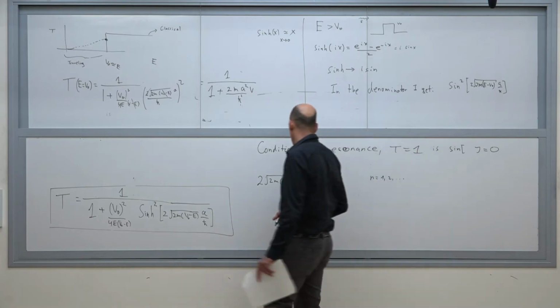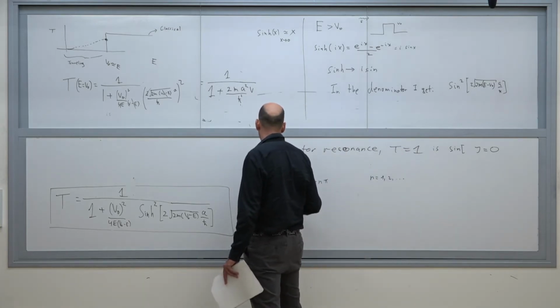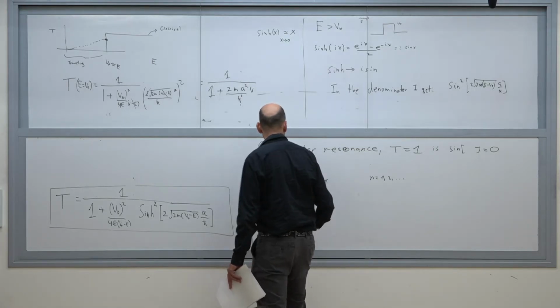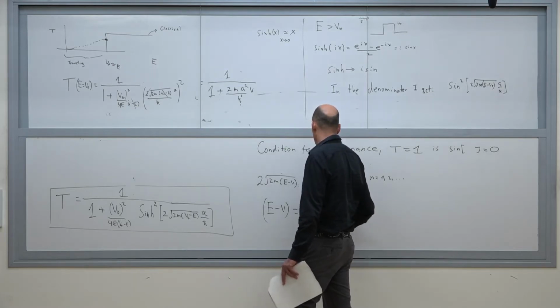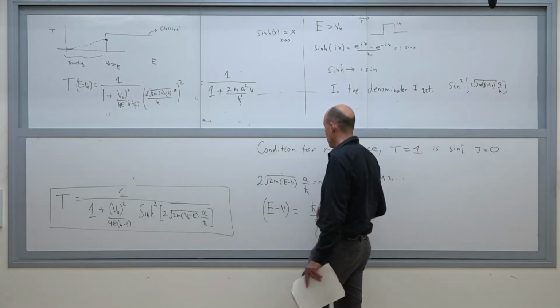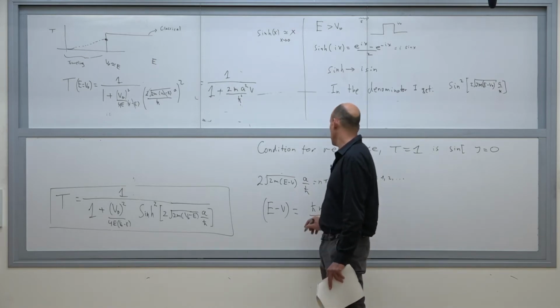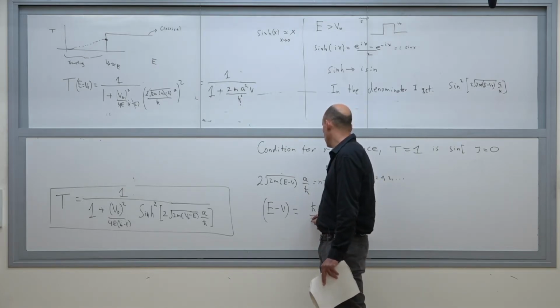So let us write it as a function. What are these energies? I can write E minus V0 equal to h bar n pi over a, all this squared, times 1 over 2m. I just moved the 2 to the other side.